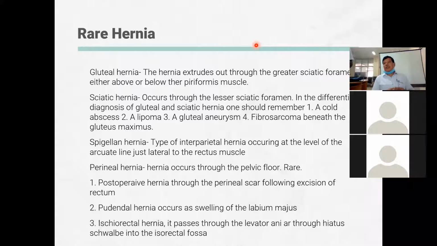So testis development usually starts at 5 weeks of intrauterine life, mainly from a thickened epithelium on the medial side of your mesonephric ridge, on both sides.